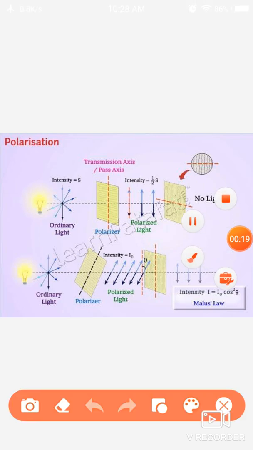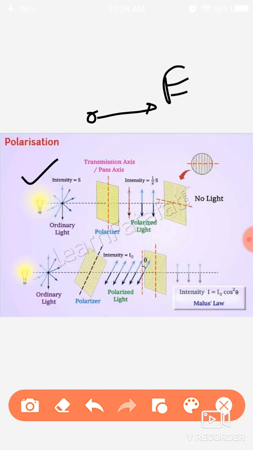Generally, when we take a light source, as is very clear in this example, it emits light, and light is a composition of an electromagnetic wave which has an E vector and, perpendicular to it, a magnetic B vector.